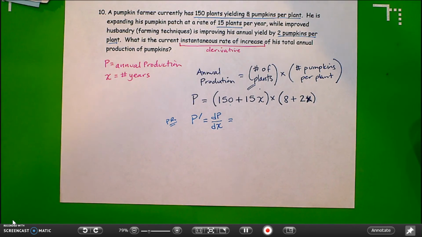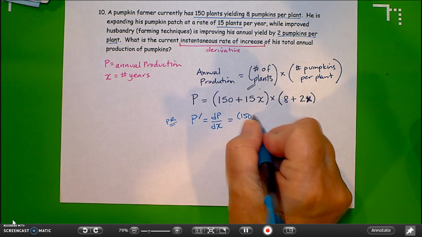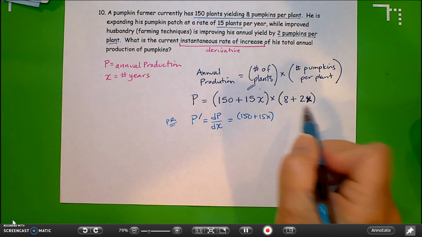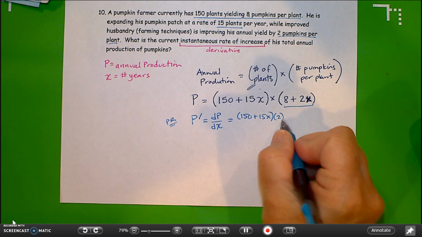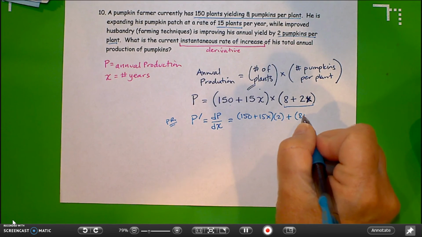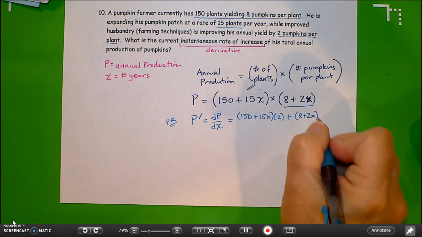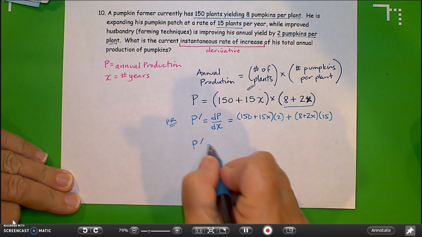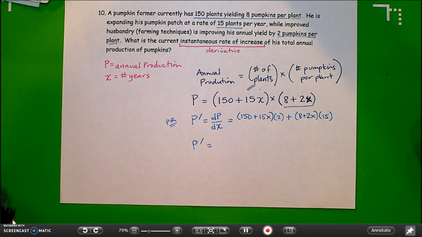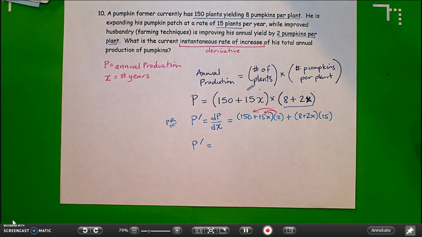So I'm going to use my product rule. Product rule starts with the first function, 150 plus 15x, times the derivative of the second one, which is just 2, plus the second function, 8 plus 2x, times the derivative of the first, which is going to be 15. And that is my equation. I need to distribute. So I'm going to distribute my 2 to both of those places.